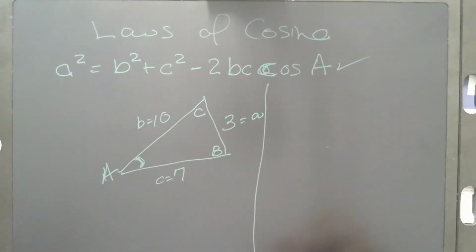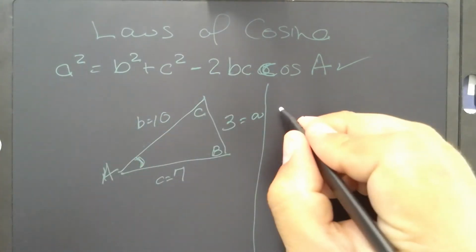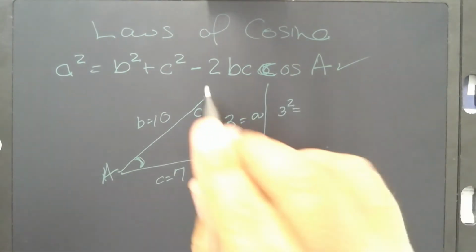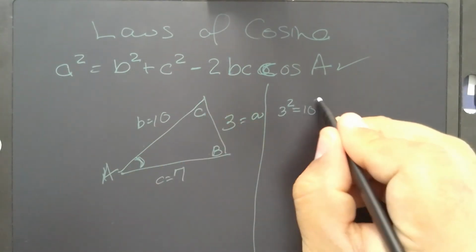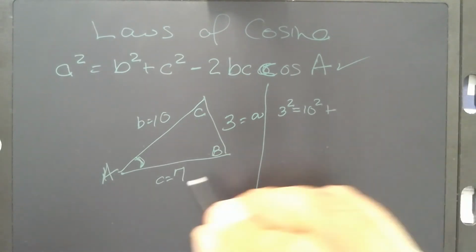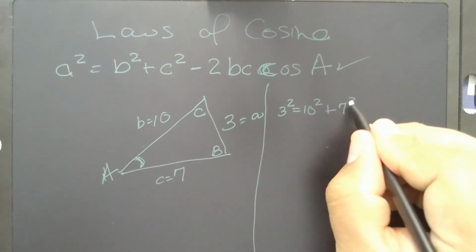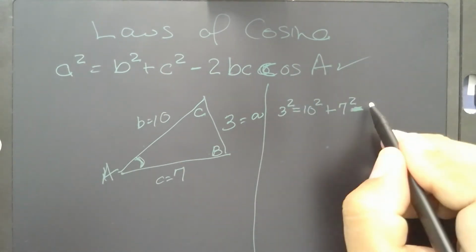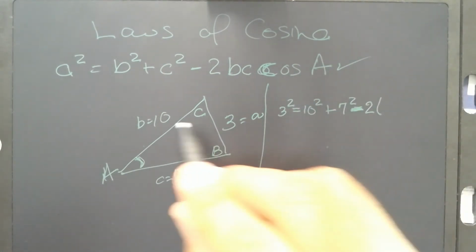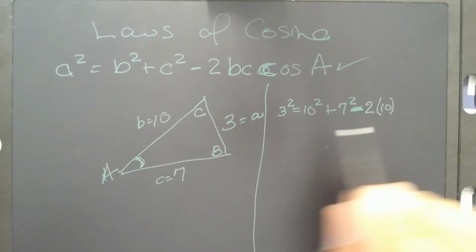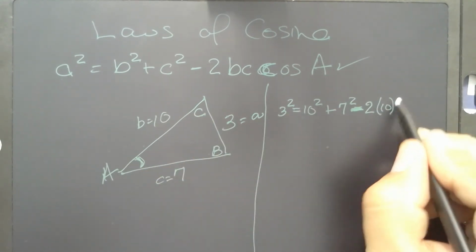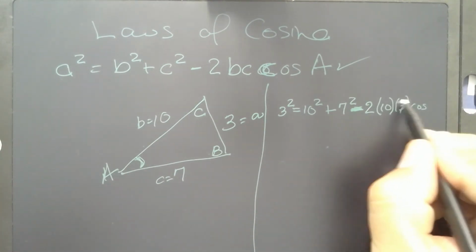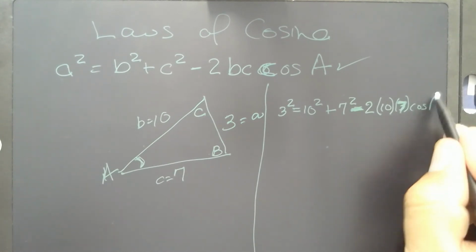So the equation is lowercase a, which is 3 squared, is equal to b squared, which is 10 squared, plus c squared, which is 7 squared, minus 2 times b, 10, times c, 7, times cosine of A. Thank you for correcting me.